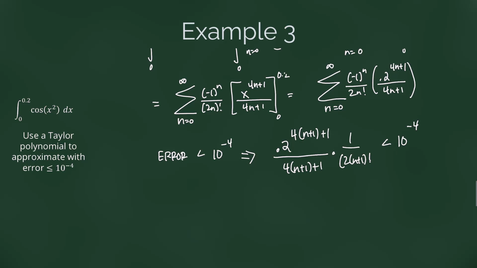And so if we tidy that up a little, we'll see 0.2 to the 4n plus 5 over 4n plus 5 times 1 over 2n plus 2 factorial. We want that less than 1 over 10,000.